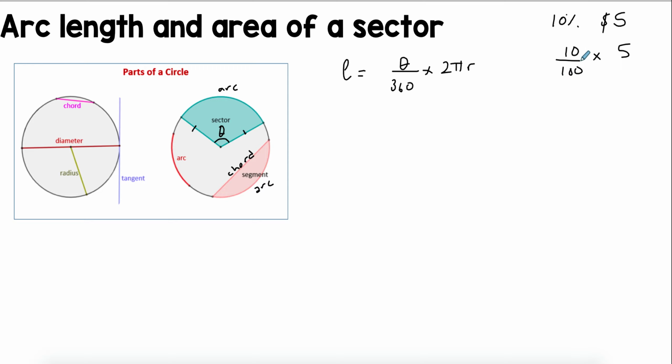You're taking a percentage of an amount. And this is what we're doing here. We're taking a degree of the 2 pi r, because the arc is part of the circumference, and the circumference is 2 pi r. So we're taking up a section of that circumference, which is the arc length.